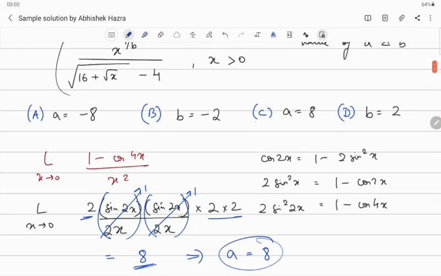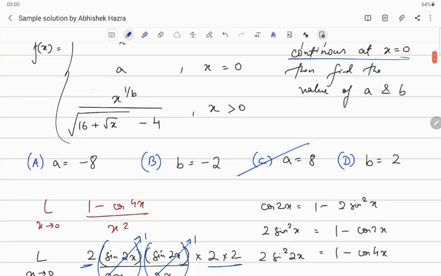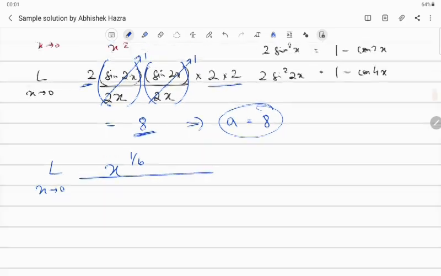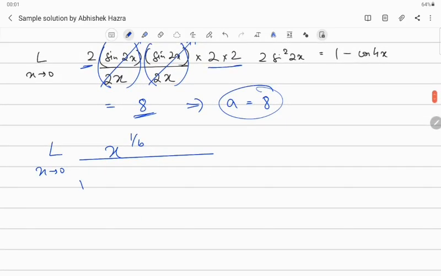Now let's go for the options. We can see that this C option is correct. Now we want to work with this part. Limit x tending to 0, x to the power 1 by b whole divided by root under 16 plus root x minus 4.